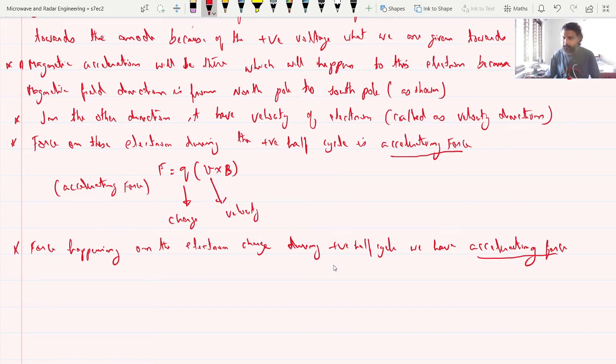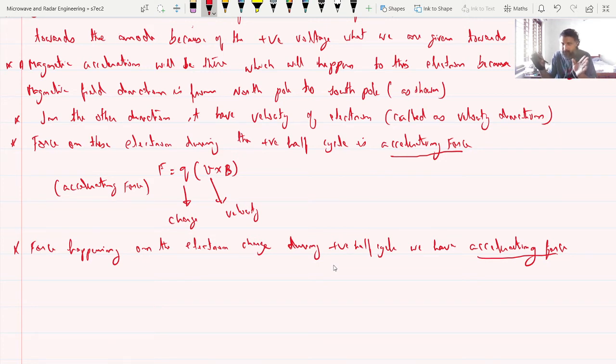One more thing I have to tell related to this is that the electric field and the magnetic field are perpendicular to the direction of propagation.